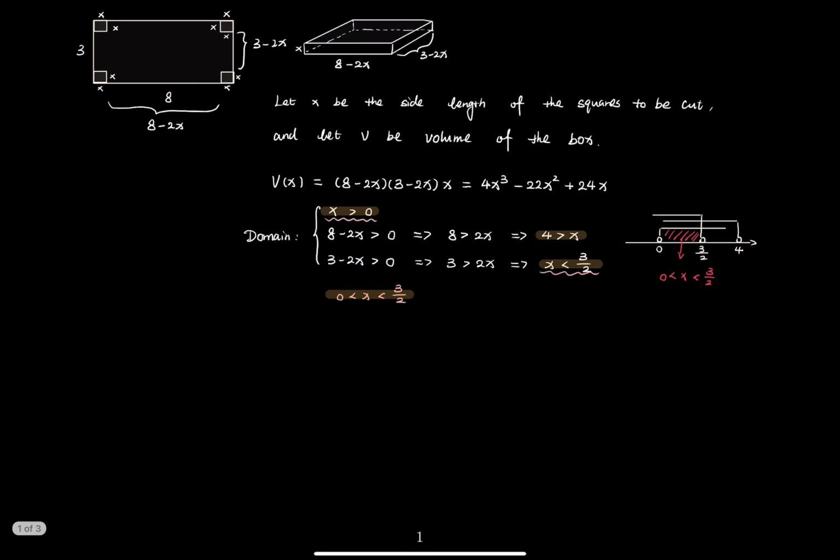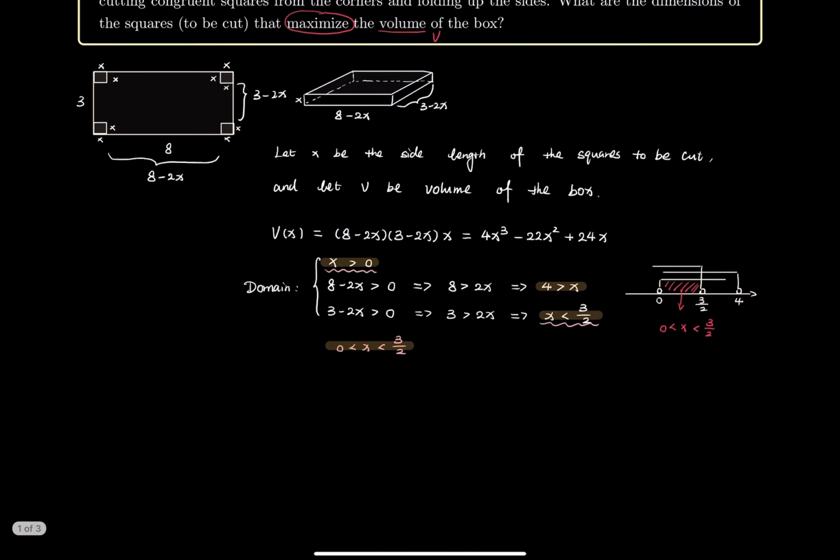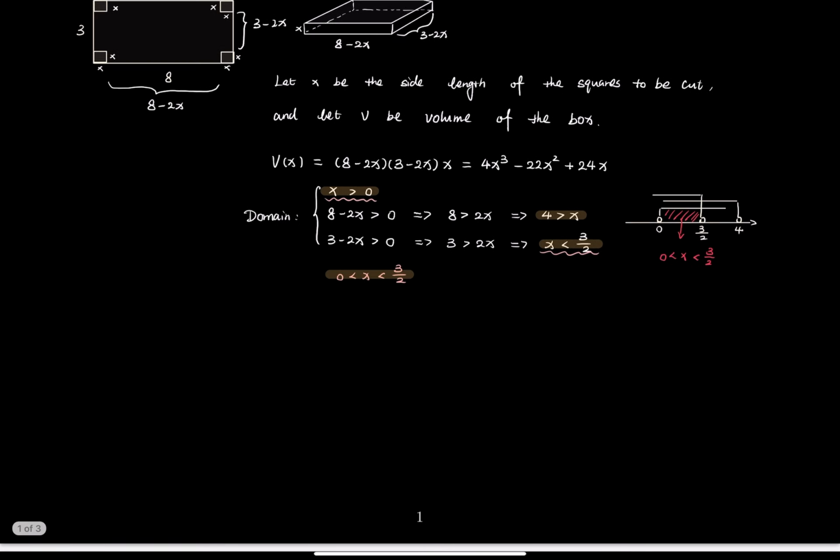Okay, now I've finished step 5 as well. Now let's look at step 6. We need to find the maximum or minimum of this function. So I have this function, so let's highlight it as well, because this is what I need. To find the maximum or minimum, especially now that we don't have a closed interval, you can see that this is an open interval, right?